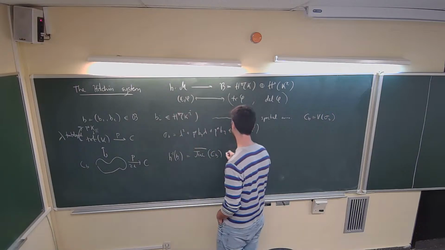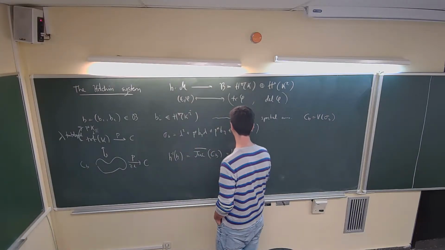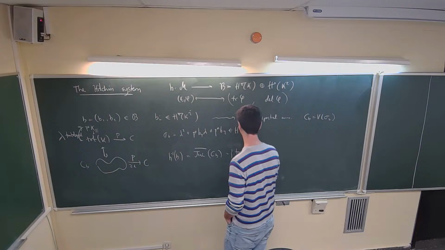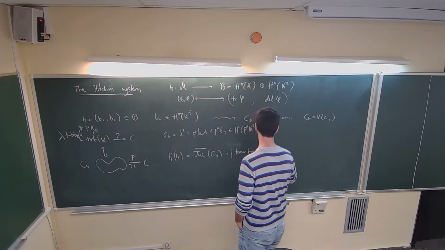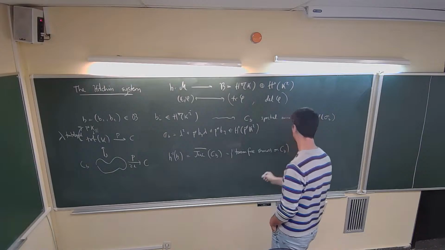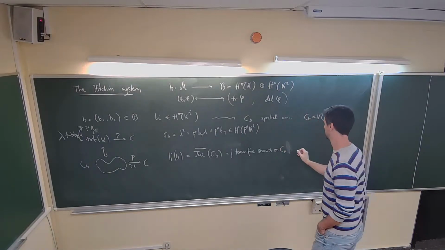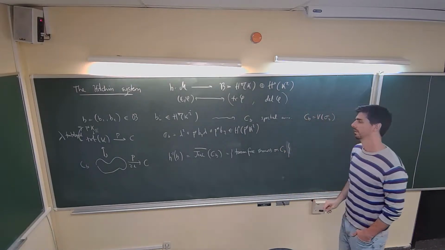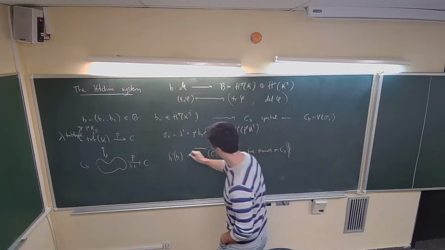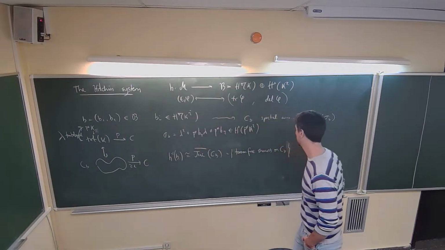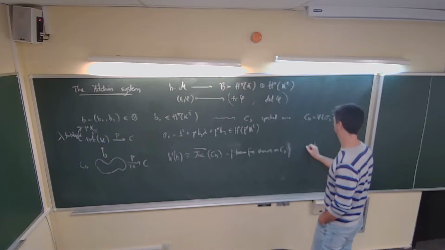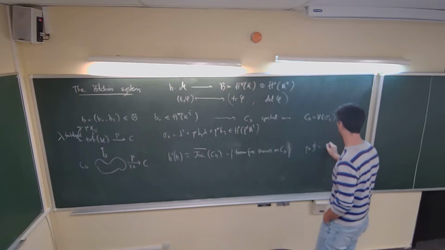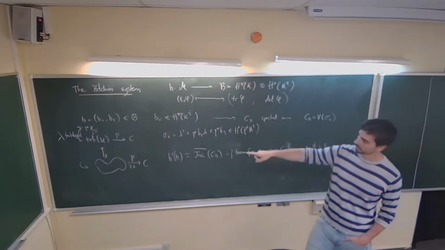Compactified Jacobian meaning that it classifies torsion-free sheaves on CB. And this isomorphism that we have here is realized by sending a torsion-free sheaf to its pushforward.